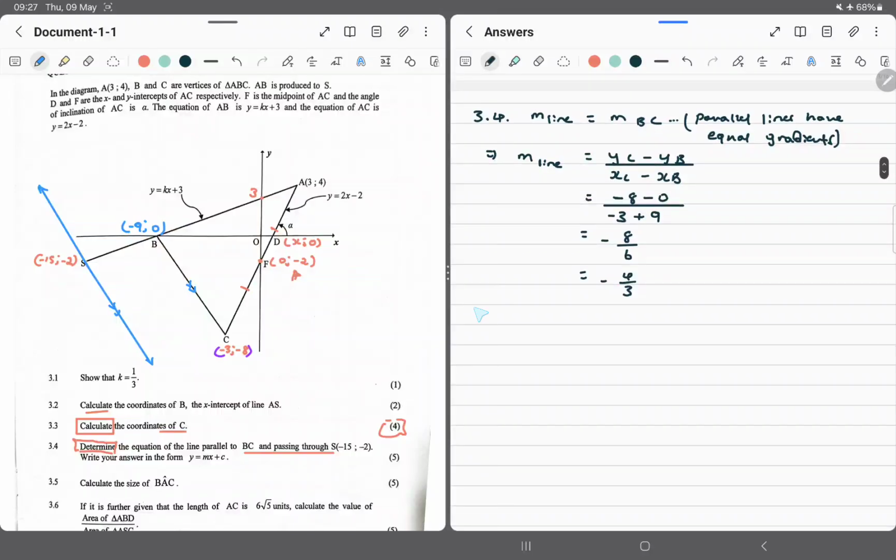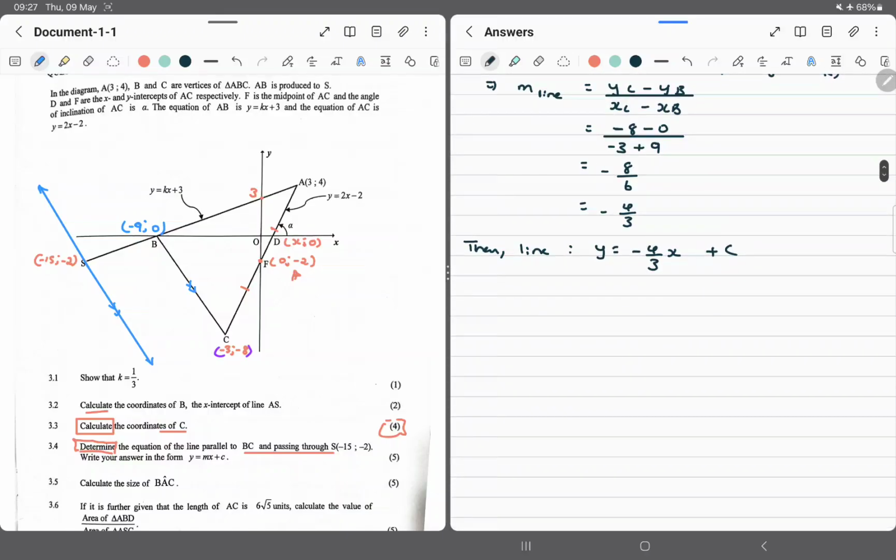We can say then the line is such that y is equal to minus 4 over 3x plus c. Then through that point S, minus 15 is to minus 2. It means minus 2 is equal to minus 4 over 3 into minus 15 plus c.